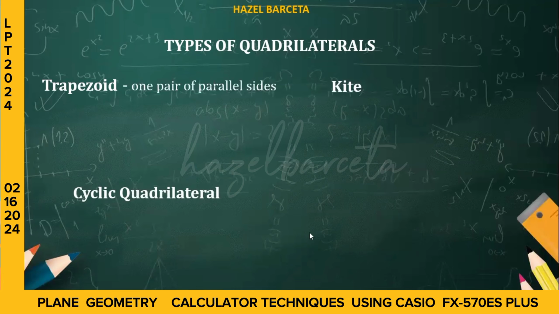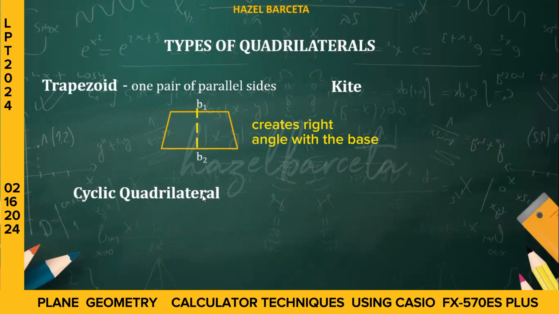So, ang pagkakaiba nila, si trapezoid, one pair of parallel. Ito po yung parallel sides niya. We have base 1 and base 2. Kapag parallel, pareho po yung kanilang direction. Kapag perpendicular, ayan, parang intersection and mag-form po ng 90 degrees. Yan po yung perpendicular.